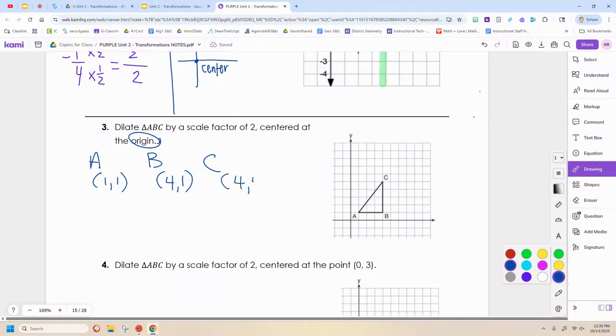This actually was the triangle on the previous page, on the stretchy page. Now, since we're doing a scale factor, we're using 2x, 2y. We're going to blow it up in both directions, both horizontal and vertical. So all you're going to do is go times 2, times 2, all the way across. It's up to you if you need to write the times 2 times 2 underneath every single one.